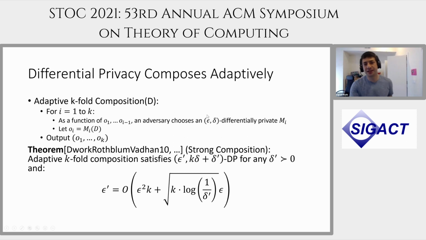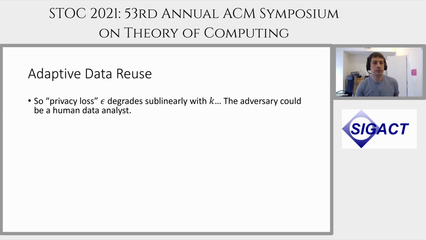If the original mechanisms had privacy parameter epsilon, then this composition has privacy parameter that is worse by an amount that is not linear in the number of rounds k, but only with the square root of the number of rounds k. So the nice thing is that an adversary can choose how to compose these mechanisms, and we get this nice, graceful, sublinear degradation in the privacy parameter.